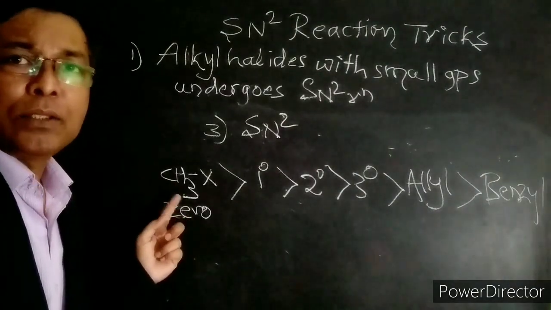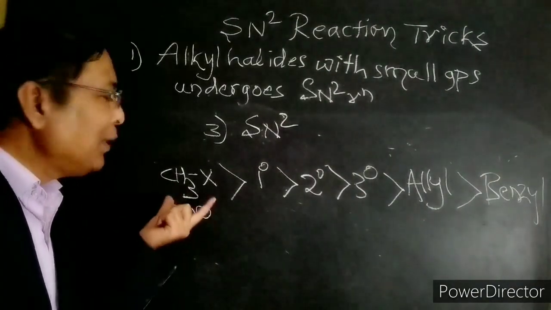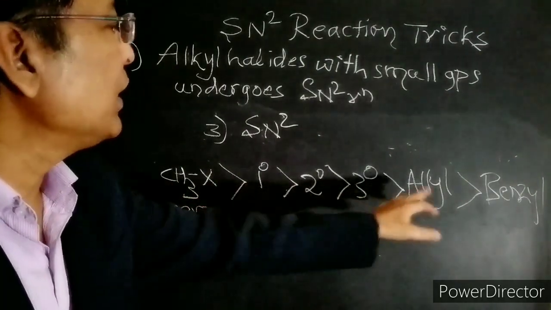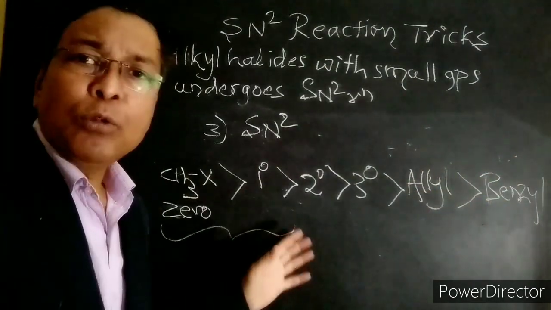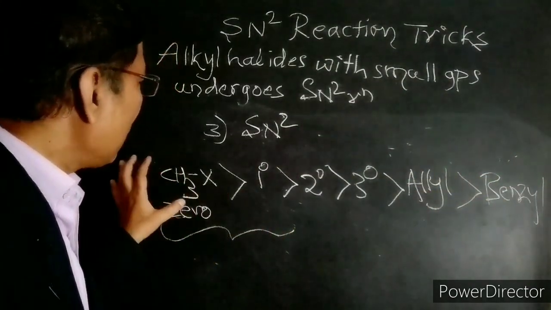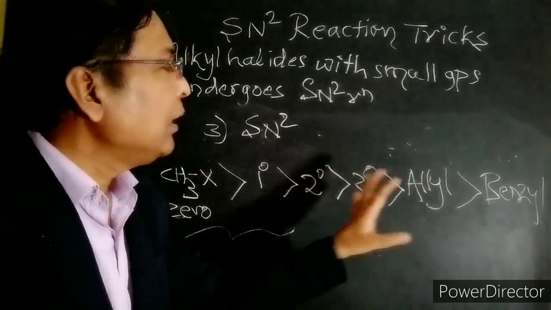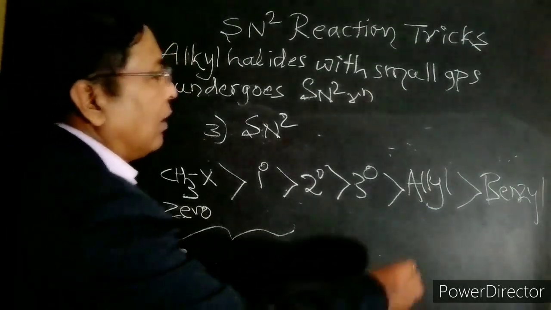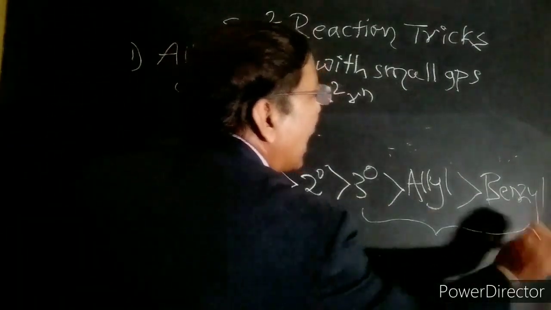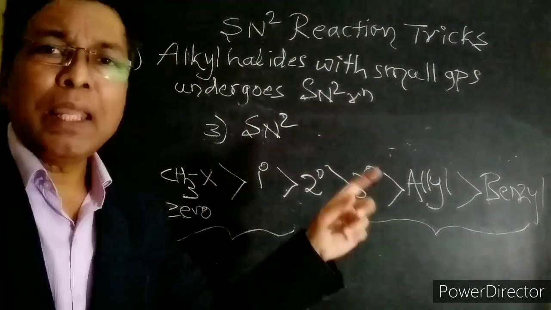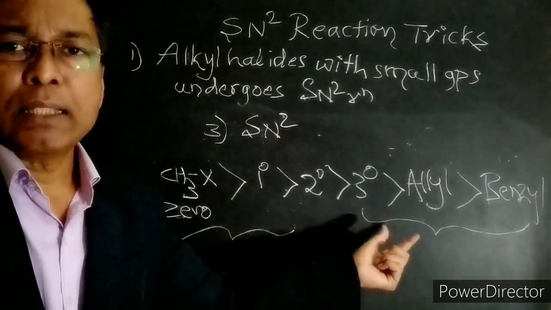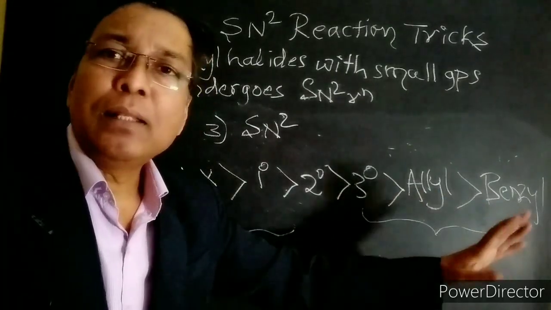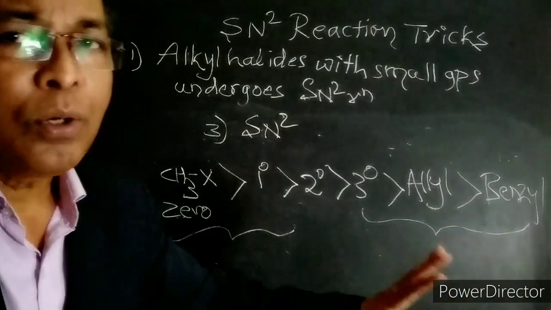You have to remember that as we go from primary, secondary, tertiary, the SN2 reactivity decreases. That means tertiary, allyl and benzyl halides negligibly undergo SN2 reactions. In other words, I can say tertiary, allyl and benzyl do not undergo SN2 reactions.